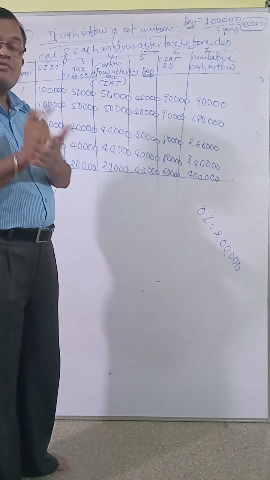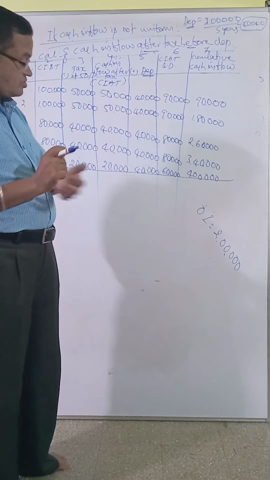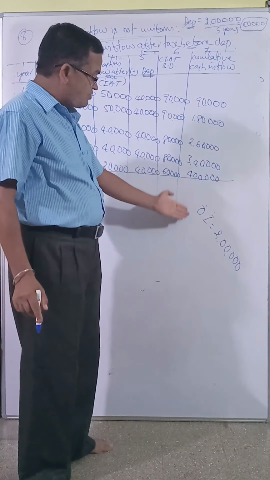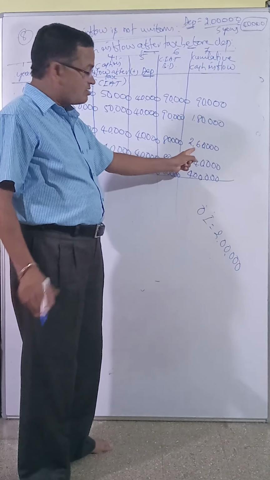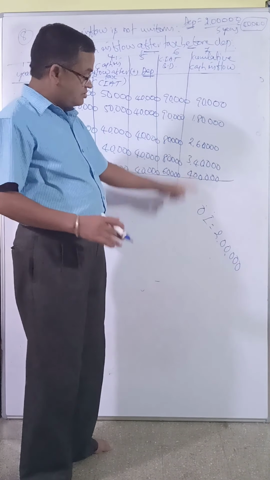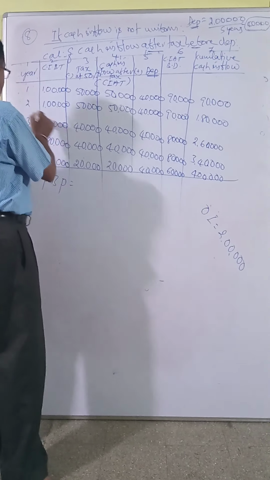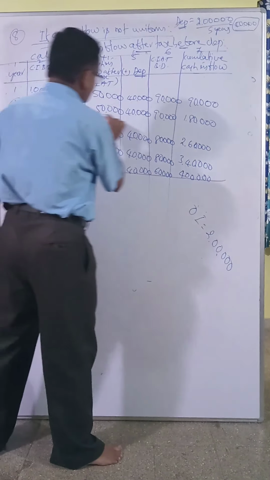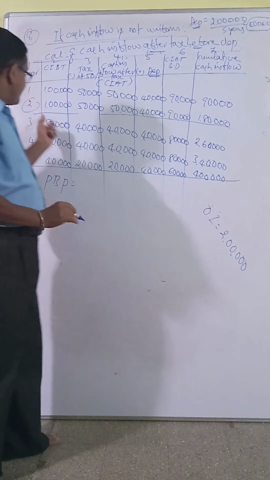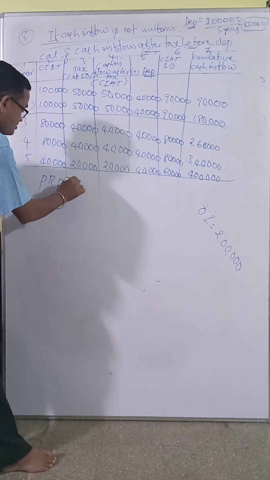In which year can we recover? See, where does the cumulative cash inflow reach 2 lakh? Here 2,60,000 is more than this, so don't take that. So 1 lakh 80 means which year? The second year. Payback recovered year means in the second year we recovered.